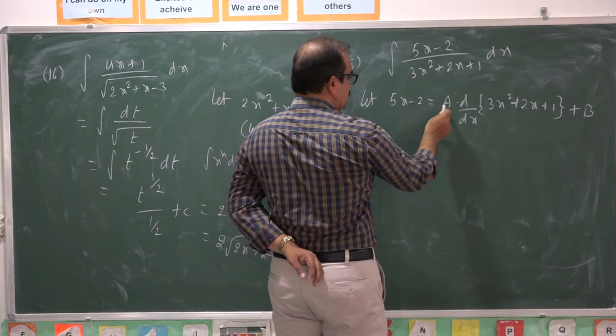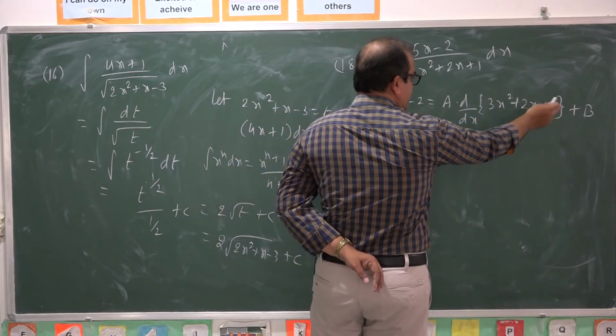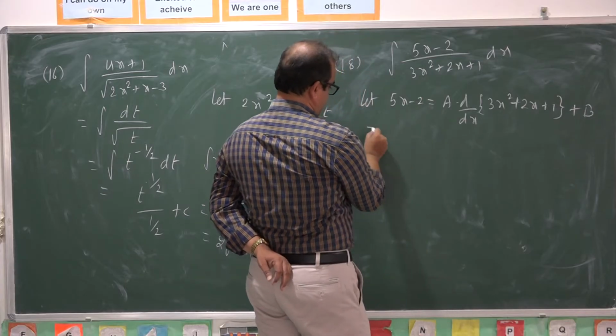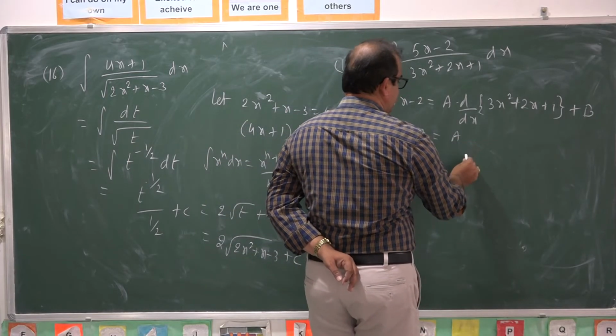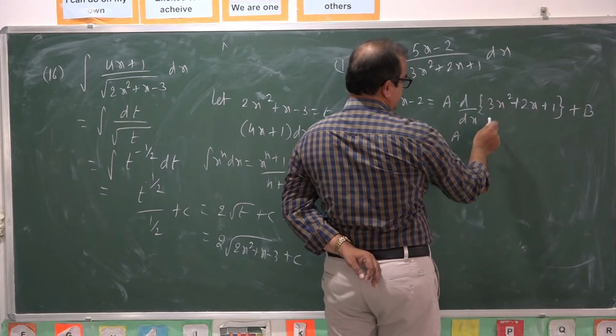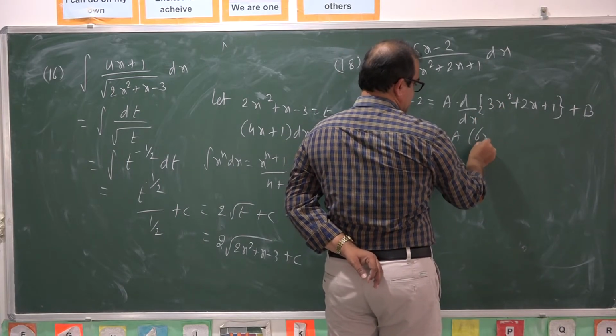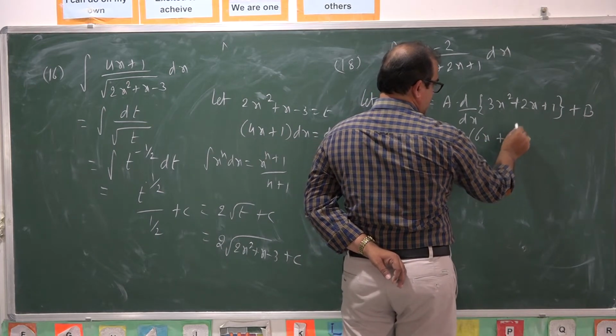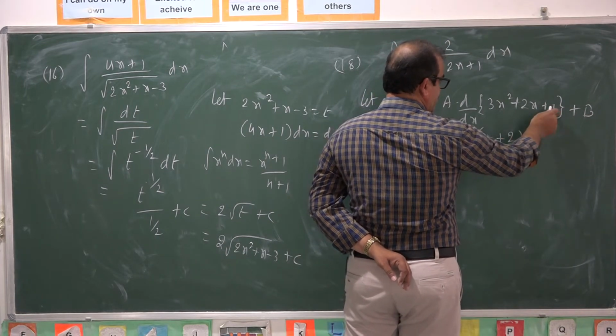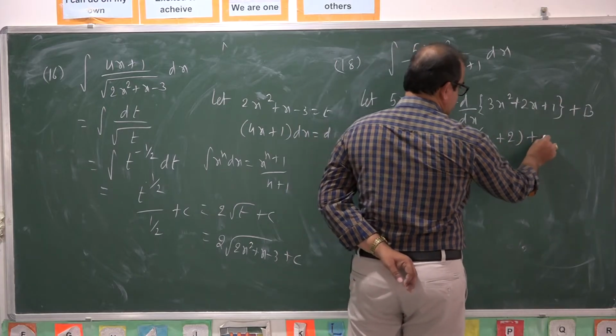Linear form is equal to a into d by dx of quadratic form plus b. Now 5x minus 2 is equal to a into derivative of this: 6x, 3 into 2x, derivative of x is 1, 2 into 1, 2, derivative of 1 is 0, plus b.